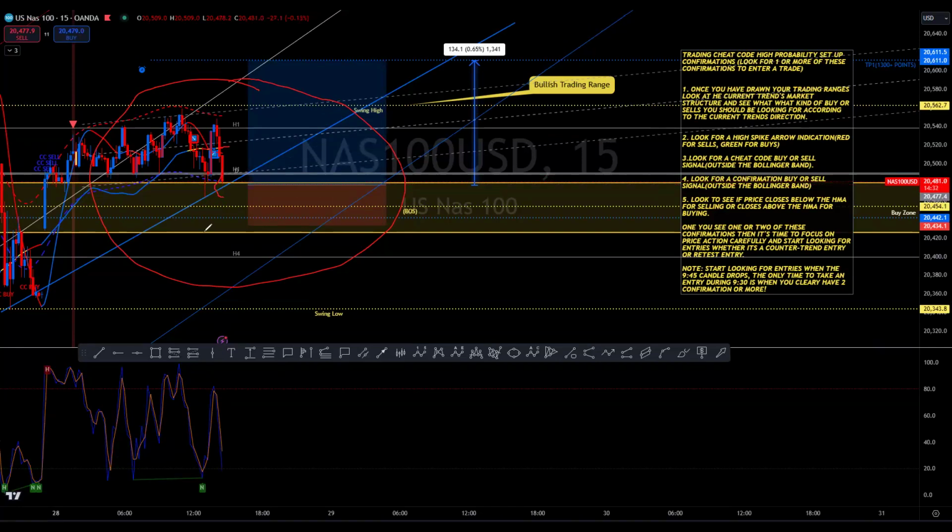But anytime the price is outside of the Bollinger Band, and we get a confirmation sell or cheat code sell, it usually means it's going to be a huge reversal. Now, if price starts breaking past this and retesting this area and pushing down, then we might go ahead and change our bias. So let's keep on watching price action and see what it does.